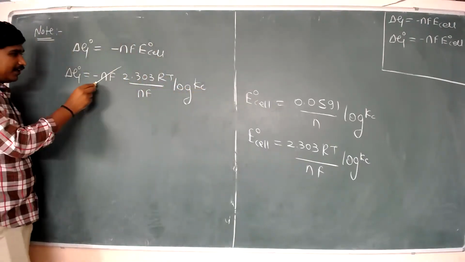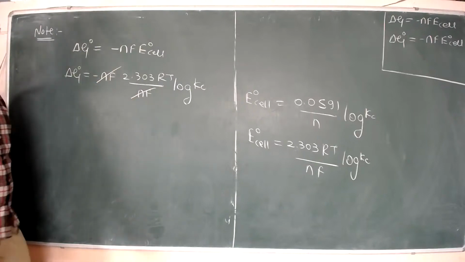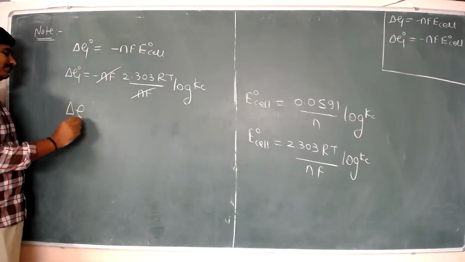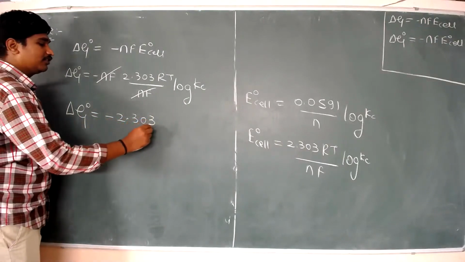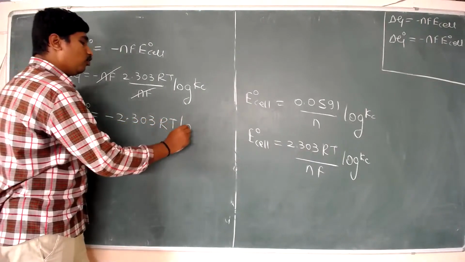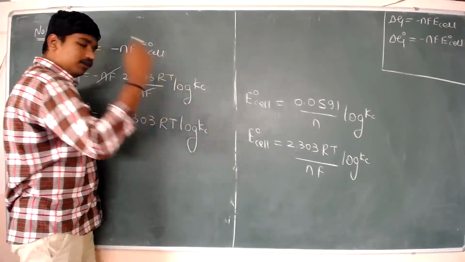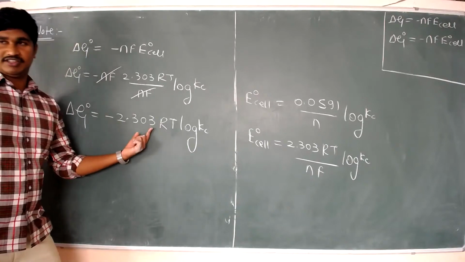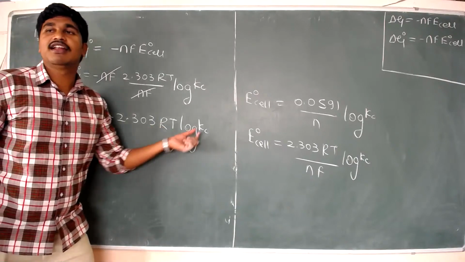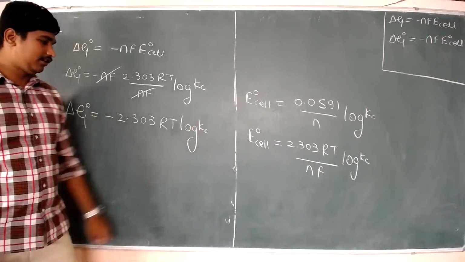Here nF, here also nF, both will get cancelled. Delta G naught is equal to minus 2.303 RT log Kc. If you don't want to write 2.303, in place of log, just write ln.